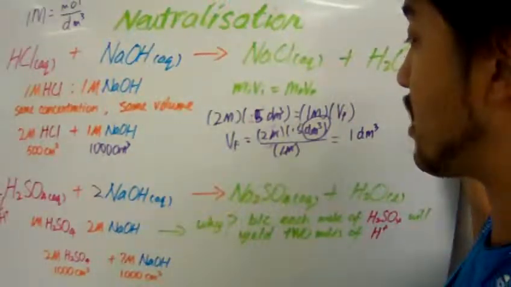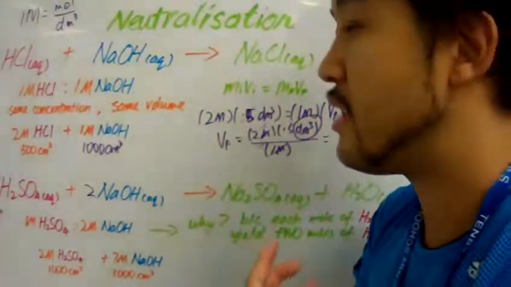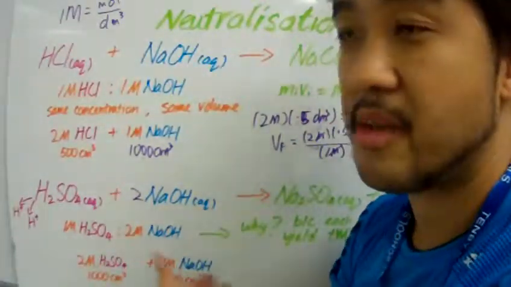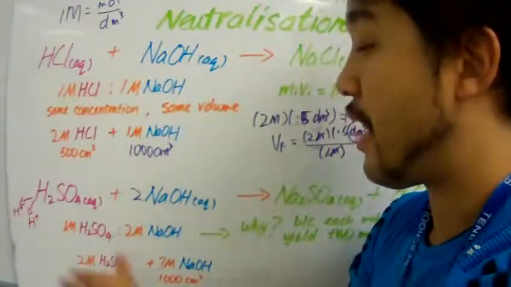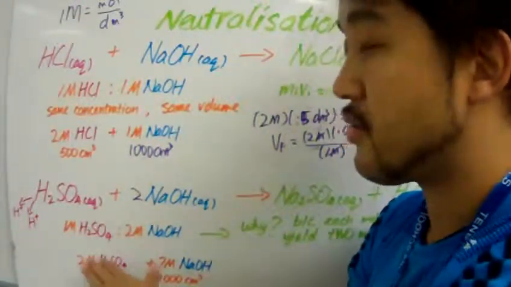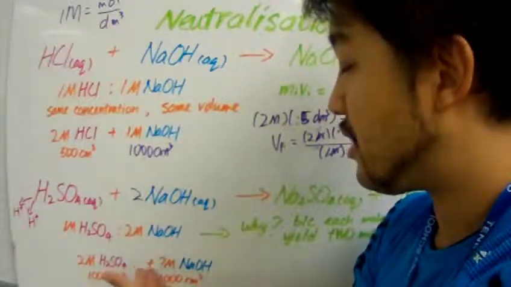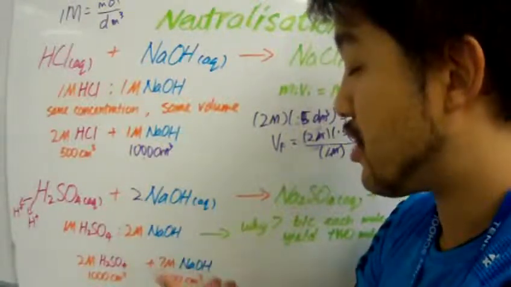So again, we can use this formula to do some quantitative calculations for stoichiometric solution problems. For example, I have 2 molar sulfuric acid reacting with an unknown concentration of sodium hydroxide.